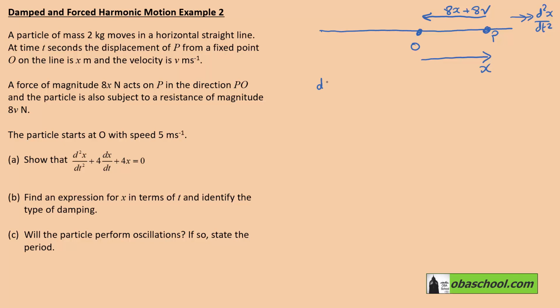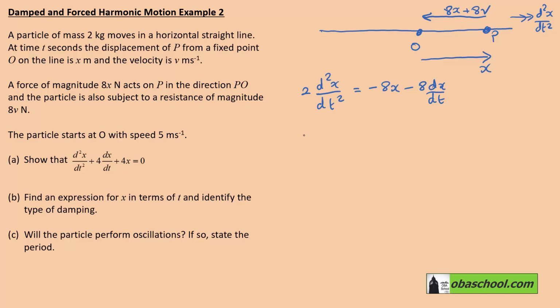So that means we can write down that 2, remember 2 is the mass, d2x dt squared is equal to negative 8x, take away 8v, and remember that v is dx dt.